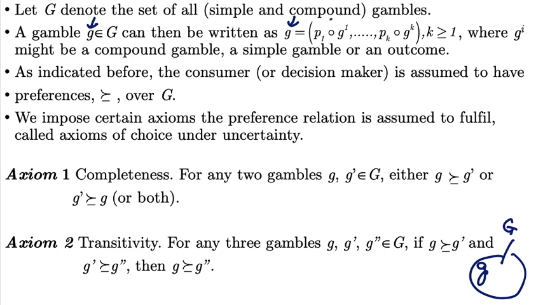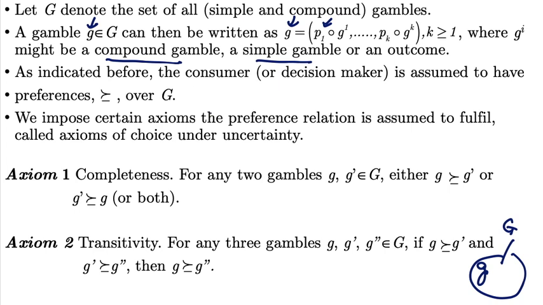In particular, probability 1 associated with outcome 1, until probability K associated with outcome K, such that K is greater than or equal to 1. G subscript i here refers to outcomes of a gamble, or the outcome itself. And if I say outcome of a gamble, the gamble could be a compound gamble or a simple gamble.